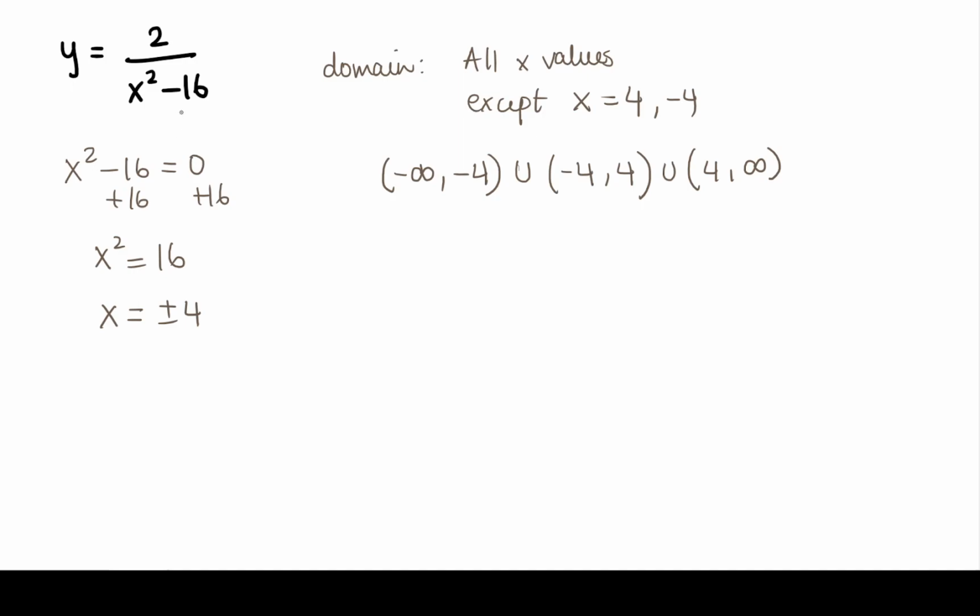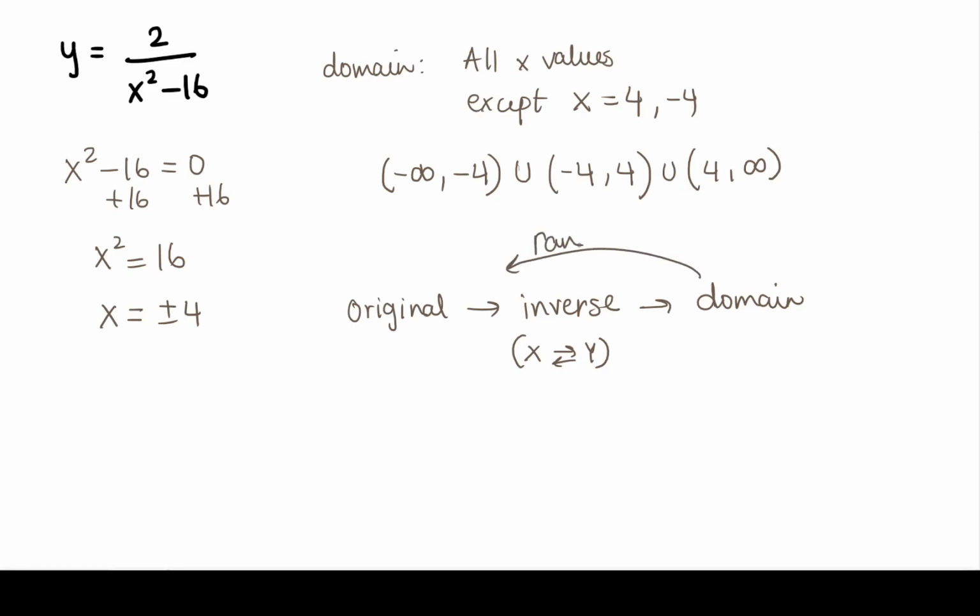So another way of doing it is converting the original function into an inverse function, where we switch x with y and y with x, and then find the domain of that, because finding domain is usually easier. So, when we find the domain of the inverse function, that would actually be the range of the original function.